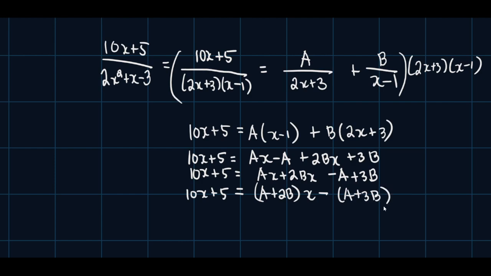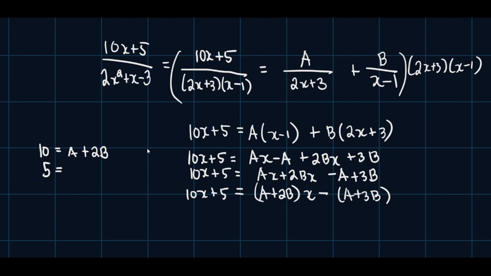Next is for us to construct the system by comparing coefficients. The coefficient of x here is 10. On the right-hand side, it is A + 2B. On the left-hand side, the constant term is 5.